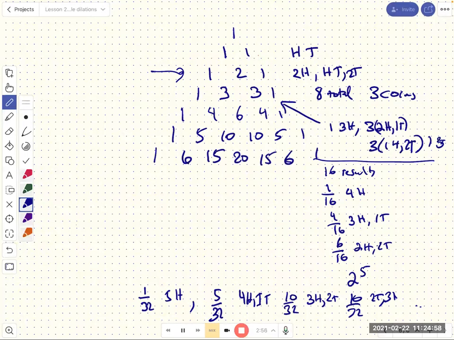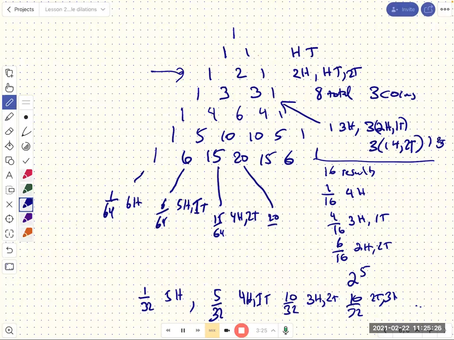So you have a 1 in 64 chance of 6 heads, a 6 in 64 chance of 5 heads, 1 tail, what's the 15? So you have 15 out of 64 chance of 4 heads and 2 tails. And then finally the 20, what's the 20? So the 20 out of 64, so about a third of the time, you'll get 3 heads and 3 tails.